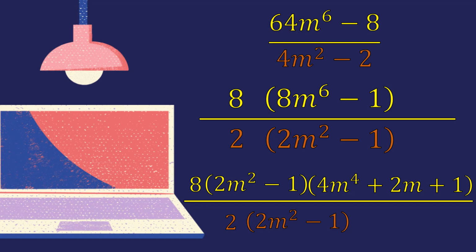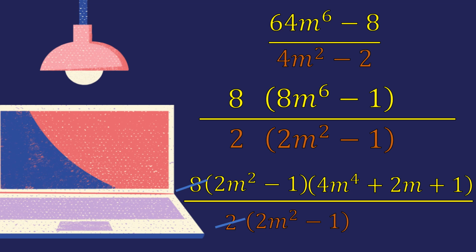Now we are ready to cancel or divide out our common factors. 8 and 2 can be cancelled. They are both divisible by 2. So 8 becomes 4 and 2 becomes 1.